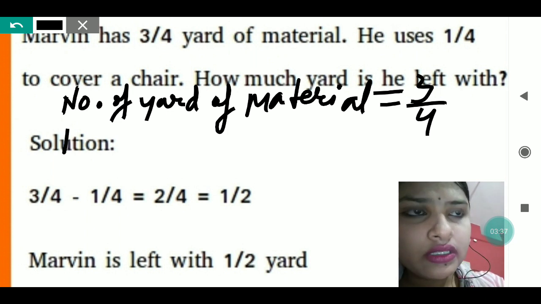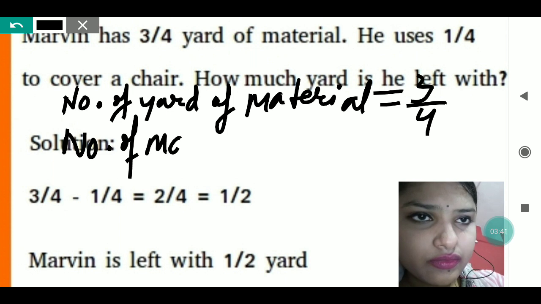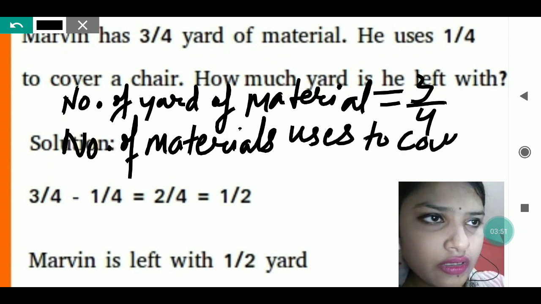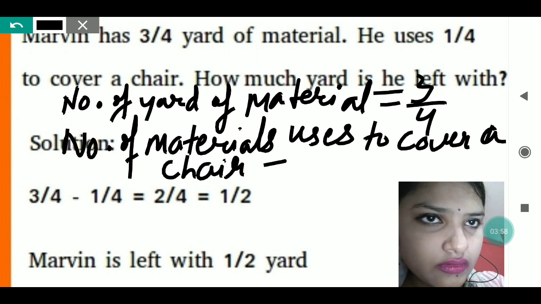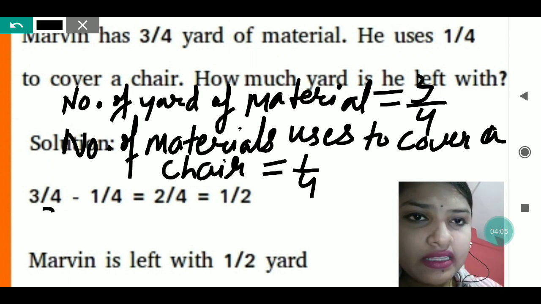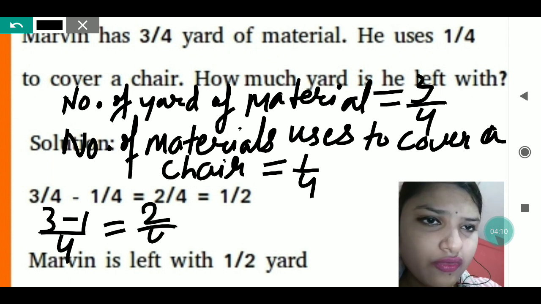Now, number of material used to cover a chair. One by 4. Denominators are common, so now it's very easy. 3 minus 1 by 4. What will you get? 2 by 4.